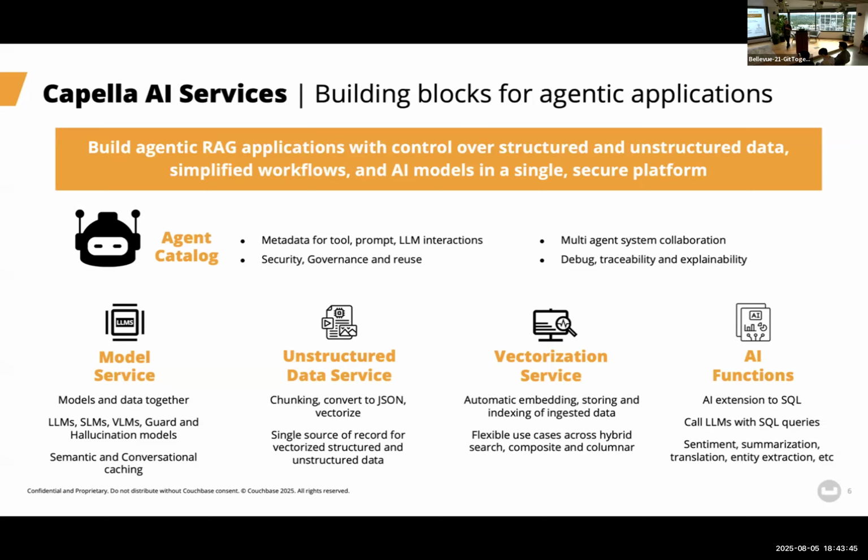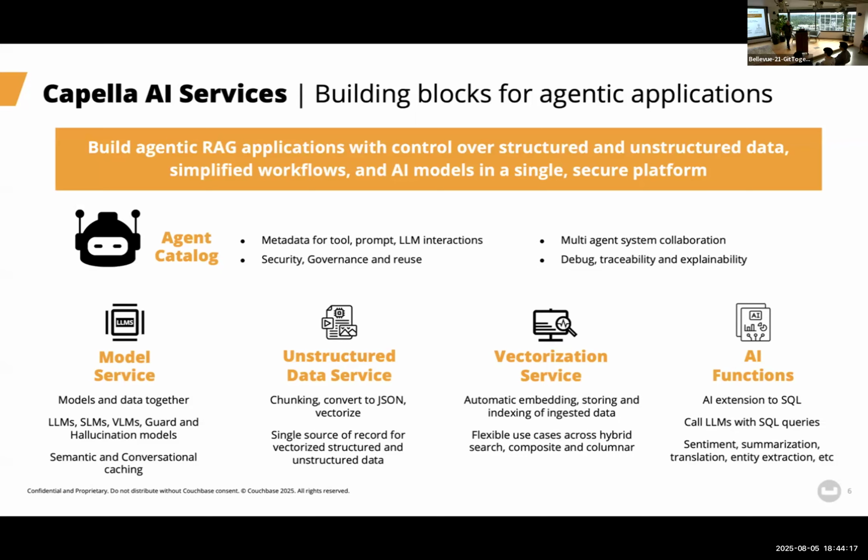We noticed that a lot of our customers were exporting data out of their operational database and pushing it up into some third-party database to have it vector encoded, creating multiple redundant copies of data just to get vectors to use with AI. We said we could probably think of a better way to do that. And then AI functions is a way in which you can utilize the LLMs, the models that we co-host, at scale. I'll show you what that means. It's not just a marketing term. And notice that sitting over the top is the agent catalog.